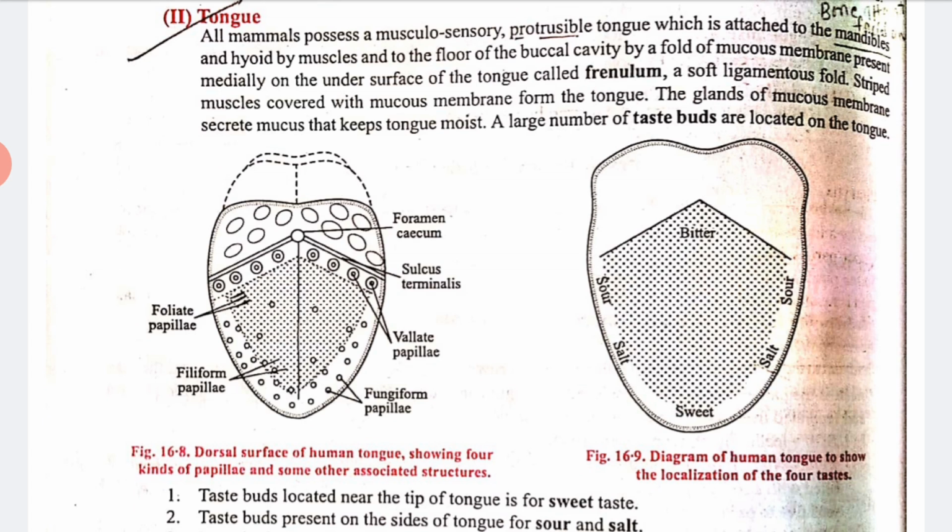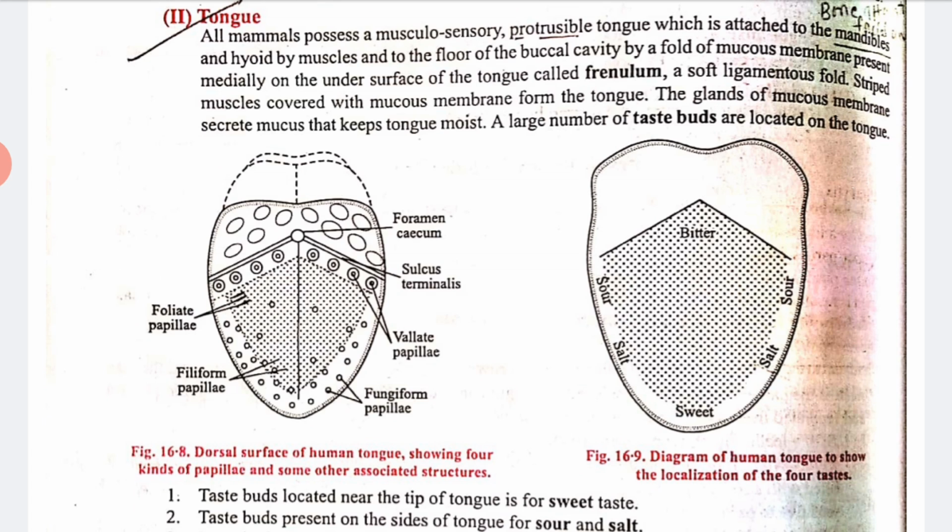See this in figure 16.9. This is the diagram of the human tongue showing the localization of the four tastes. First we have sweet, then salt, then sour, and the last is bitter. You can see here in 16.8, the dorsal surface of the human tongue, showing four kinds of papillae and some other associated structures.